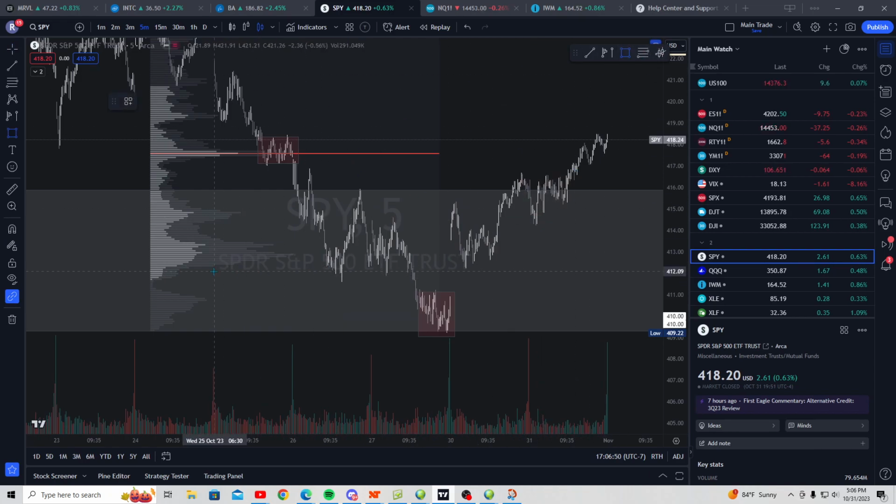Right, we can do this, and we can say that, right? We just take the high volume nodes and just focus on the extremes of it, right? And when we're in the middle of a balance, it's really tough to initiate a trade, okay? Unless something else is hinting towards it going a different direction, but really hard.